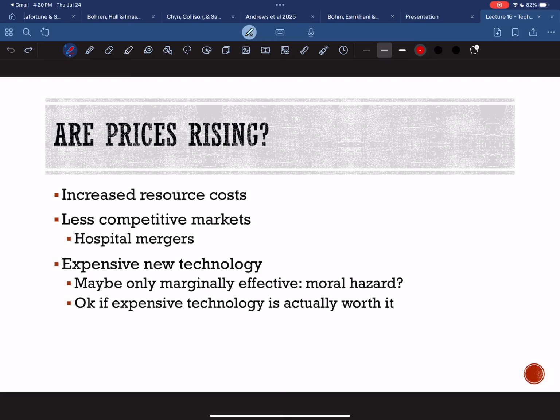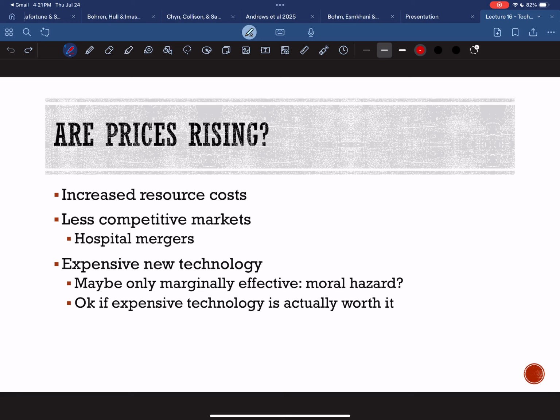That could raise prices. It could be that markets are less competitive, right? So I already touched on the physician market, but there have also been lots of hospital mergers recently, right? Maybe hospital mergers are raising prices for everybody because now hospitals have more monopoly power. Now, you may be skeptical of this because you may remember that hospitals don't necessarily compete on price because of insurance companies, right?